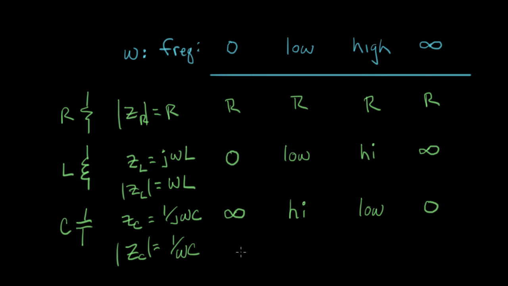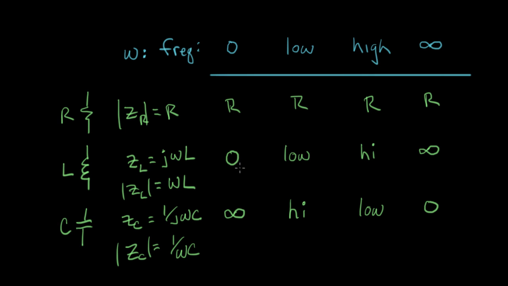With this chart, I can show you some of the slang or jargon words that we use in electrical engineering to describe the behavior of L and C at different frequencies. As we said, R is R at any frequency, so resistance is constant. An inductor changes over this big range of frequency. At 0 frequency or low frequencies, the impedance is very low.